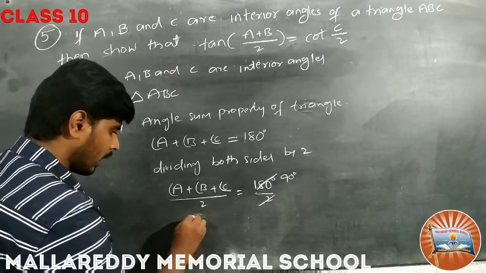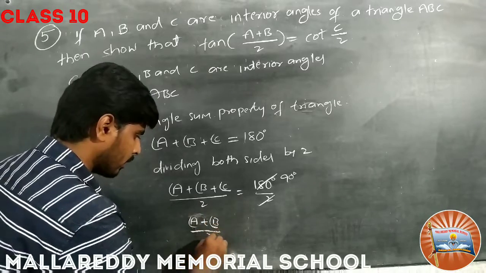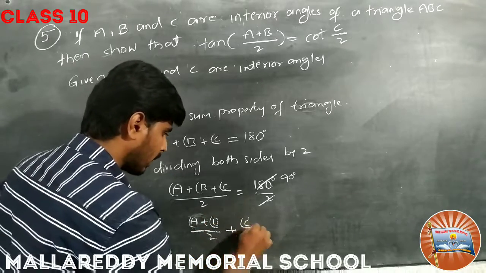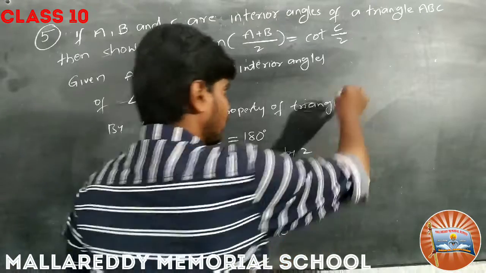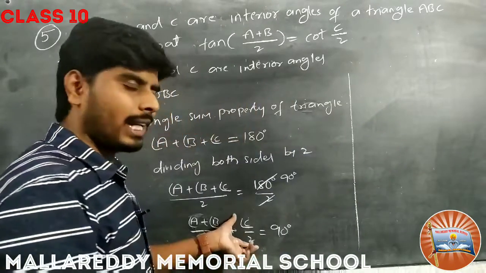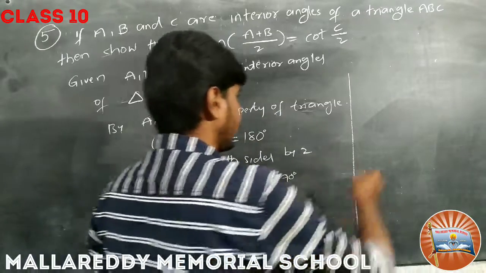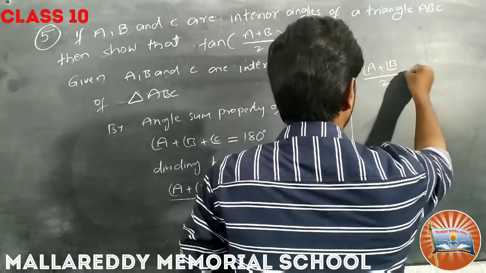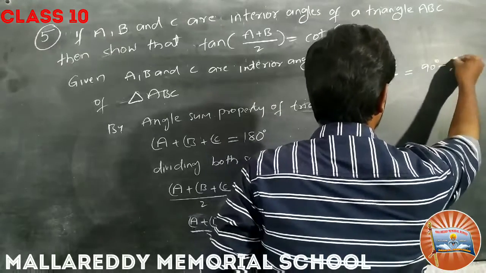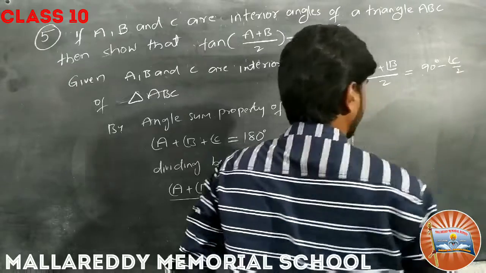It means (angle A plus angle B) by 2 plus angle C by 2 equals 90 degrees. Now transpose this angle C by 2 to the RHS. What becomes, ma? (Angle A plus angle B) by 2 is equal to 90 degrees minus angle C by 2.